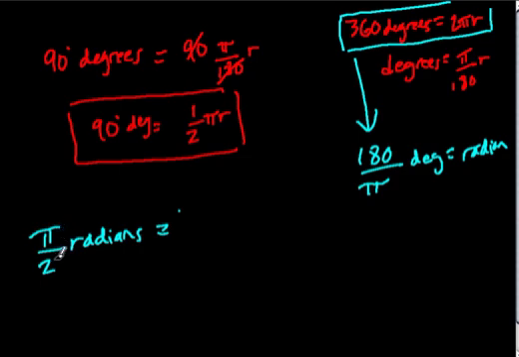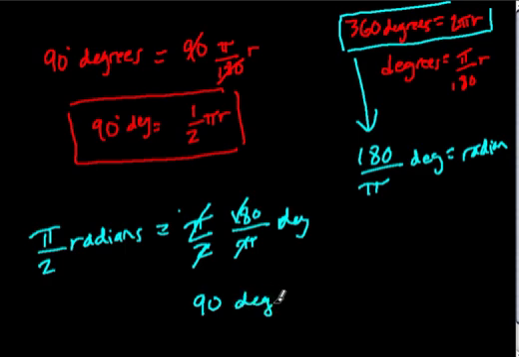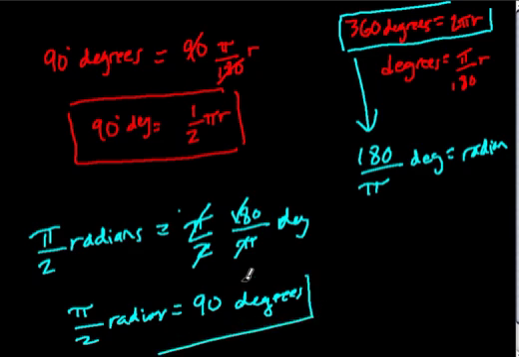So we're going to multiply both sides by pi over 2, because here 1 radian is this, so pi over 2 radians is pi over 2 times 180 over pi degrees. The pi's cancel out. 180 over 2 is 90, and pi over 2 radians equals 90 degrees.